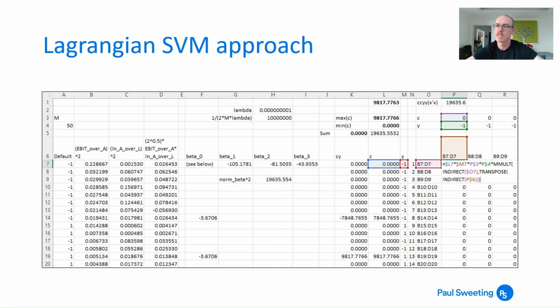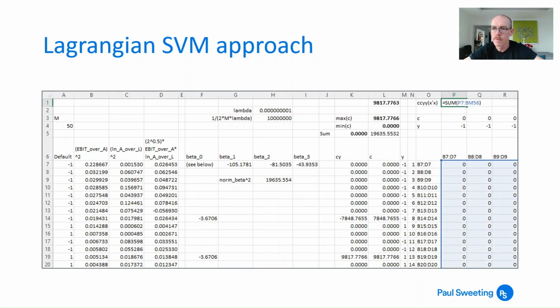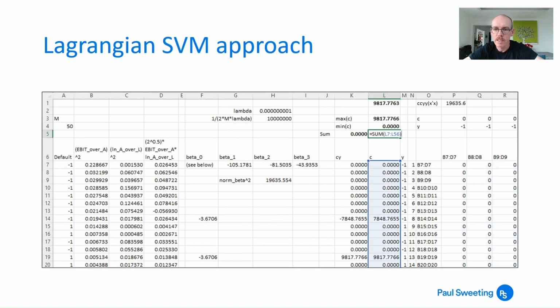And that gives us a fairly large matrix of those values, which we then sum. And we combine that sum with the sum of the C's, because that's essentially what happens when we're trying to calculate what we are maximizing for the Lagrangian.